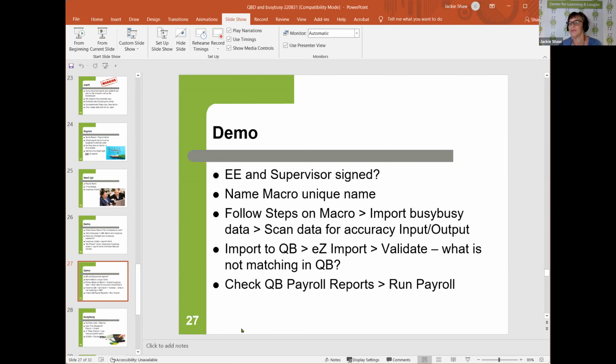Like, can you import time into QuickBooks weekly instead of per pay period? Yeah, I think you can. So that would be another option. BusyBusy allows you to import on a weekly basis, so every week you can be bringing that time in and making sure it's accurate so you're not under the gun for payroll.